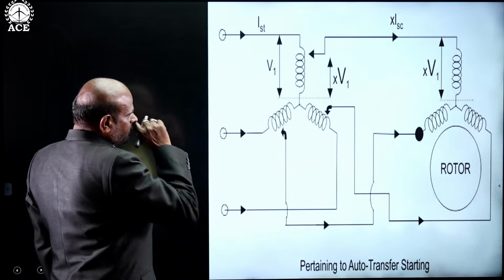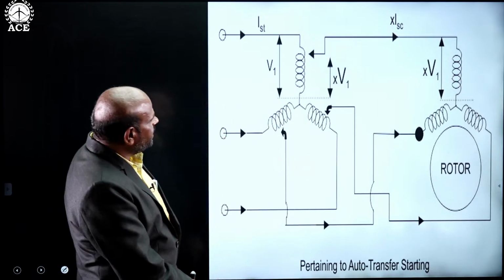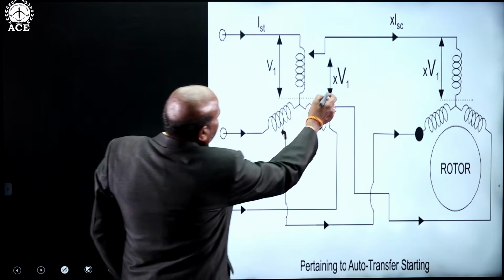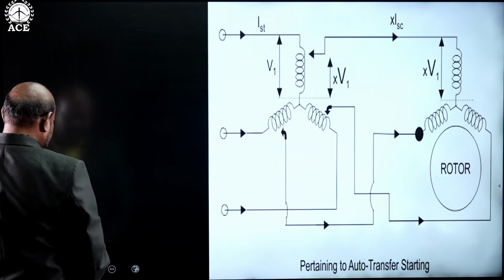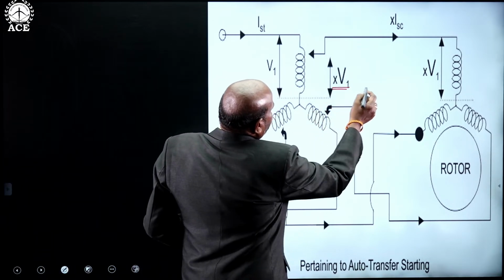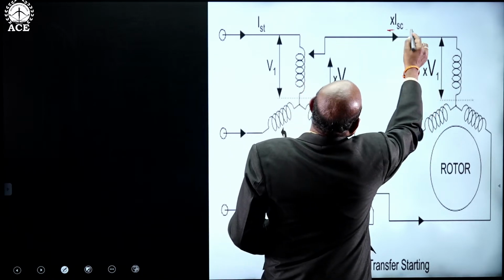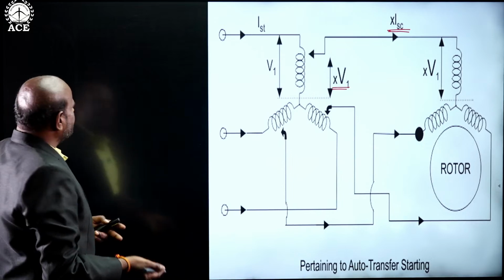Here the supply voltage as well as current both will change by a factor of X. In the earlier case we saw only current is reduced; here both voltage as well as current will change by the X factor.